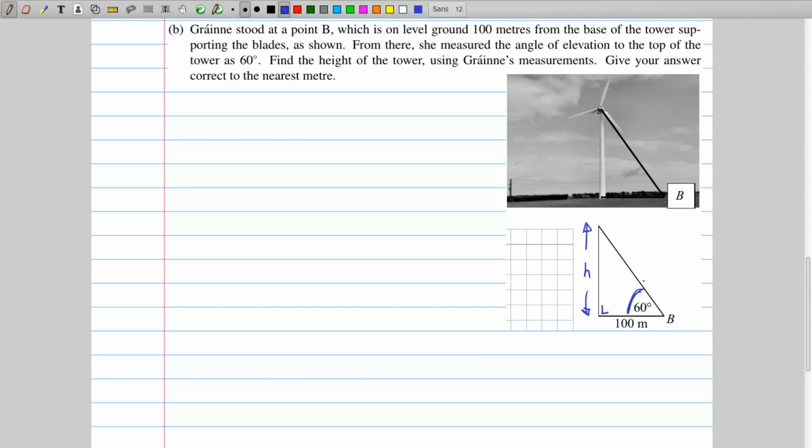So it's the only one that contains the three pieces of information that are involved in this question. We have tan of 60 degrees is equal to the opposite side, which is h, divided by the adjacent, which is 100. And so h becomes 100 times tan of 60 degrees. And that turns out to be 173 meters, correct to the nearest meter.